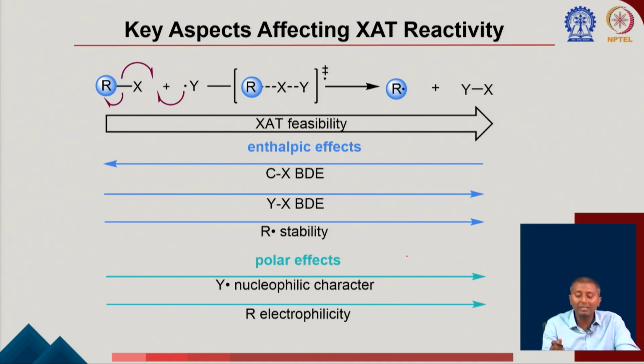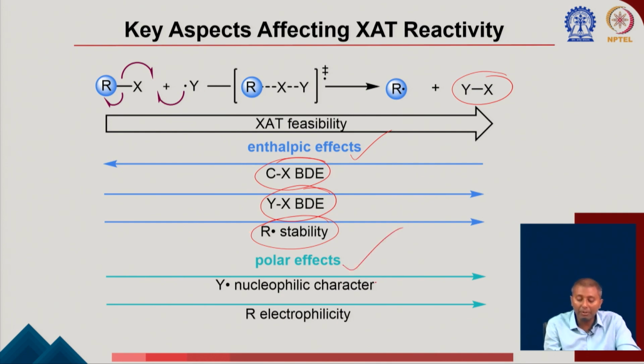As I mentioned, there is the enthalpic effect. The bond dissociation energy is a very important parameter. Okay. And then if you see the bond dissociation energy of the YX which is forming here, once the YX is more stable, then the reaction will be in the forward direction. The stability of the R dot is also a very important factor here, and there will be polar effects.